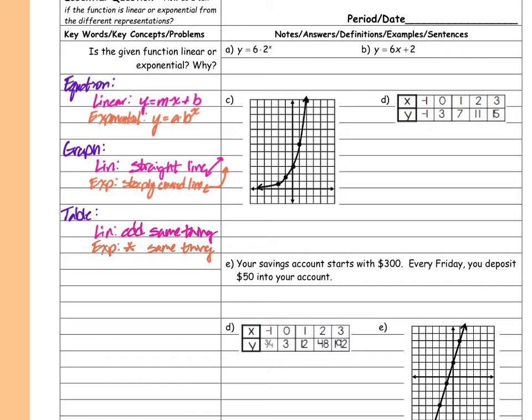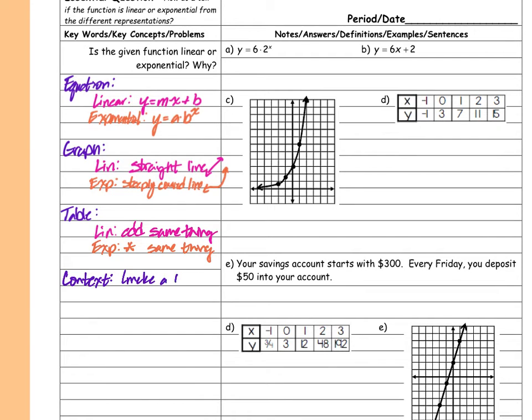And then the new thing we're going to look at is a context, which is a story problem. So how we're going to do a story problem, honestly, I'm just going to tell you, is make a table.